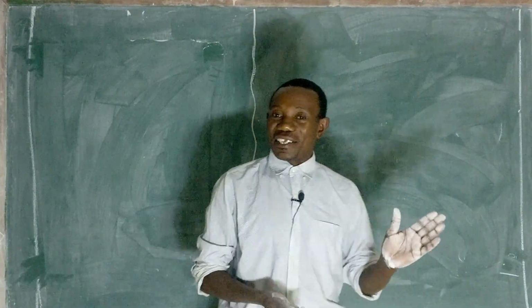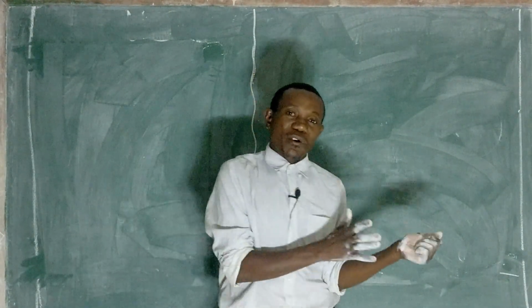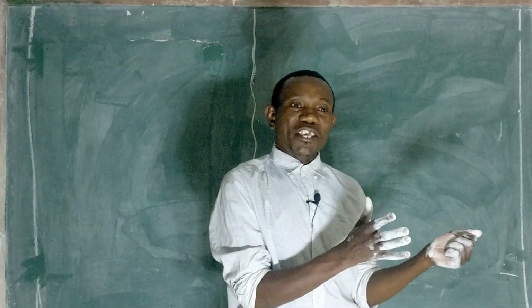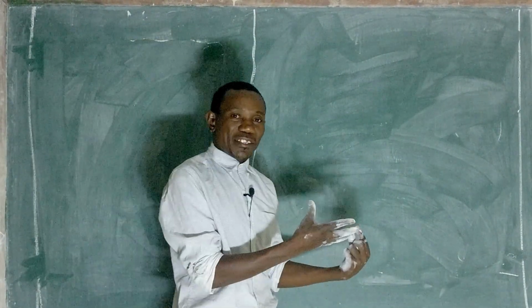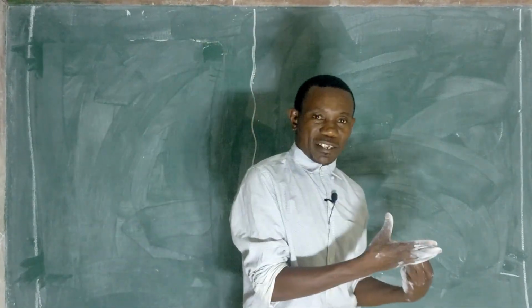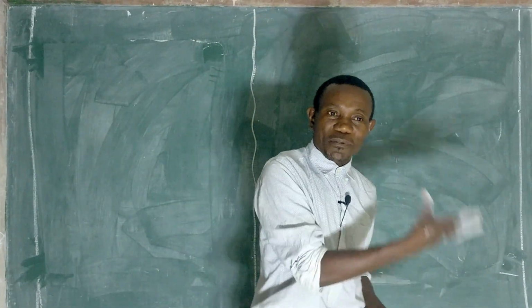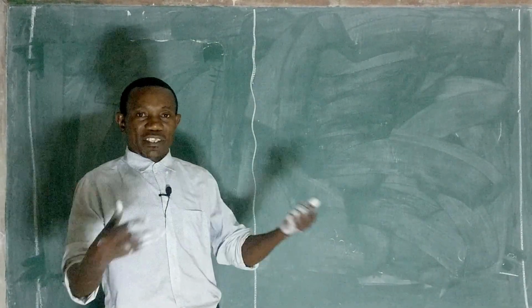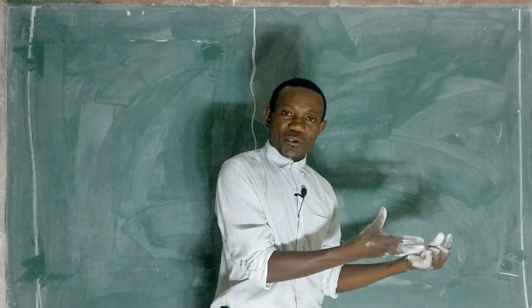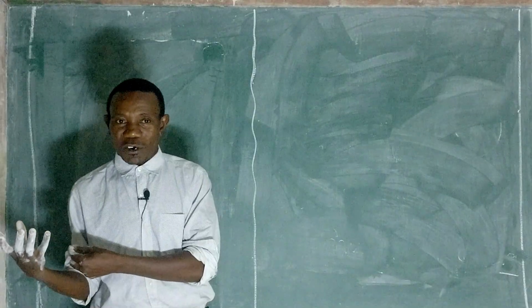You can fit several chairs in the room, and you can also remove chairs from the room. If you're fitting chairs in the room, it means you are increasing the number of chairs in a particular room. But if you remove some chairs from the room, it means you'll be decreasing the number of chairs. So you can increase or decrease the quantity of chairs.